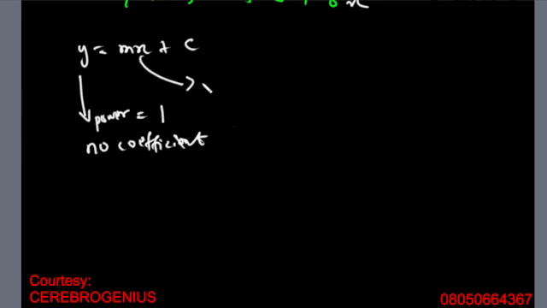If you look at your x, its power is also 1, but it has a coefficient. And the coefficient is the slope. Then there is this one that is just a constant. There is no variable attached to it. That's how all equations of a straight line are supposed to look.